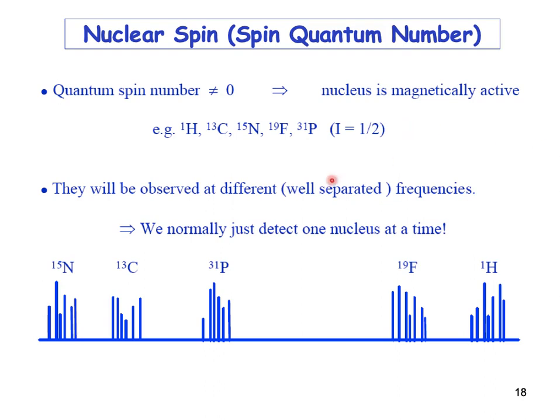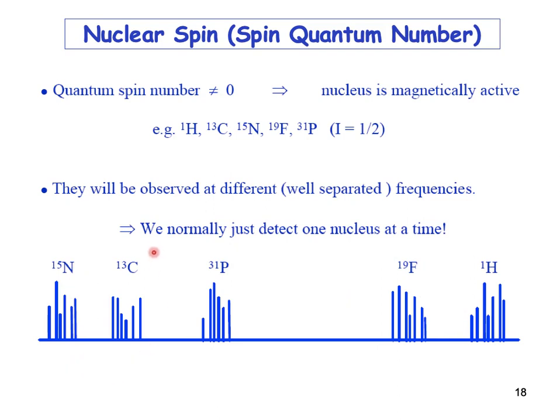They will be observed at different frequencies, because every nucleus has a different property. They can be observed at different radio frequencies. Remember, proton has a different frequency, F19 has a different frequency, P31, carbon 13 and N15 each have a different frequency.